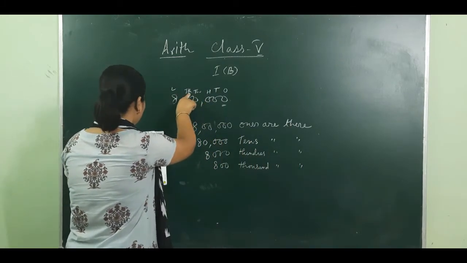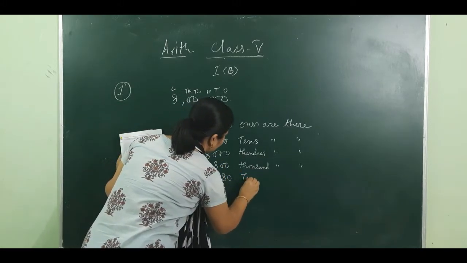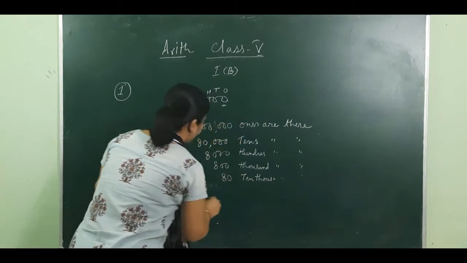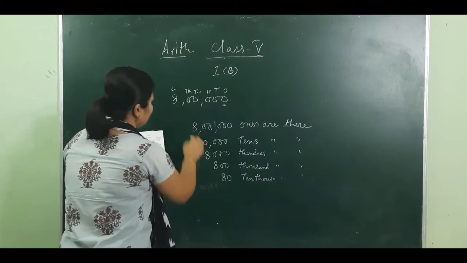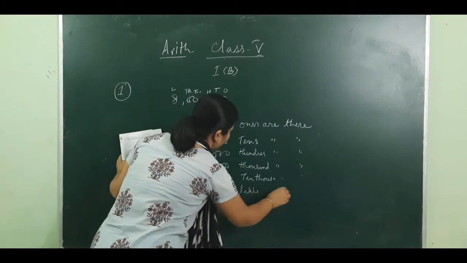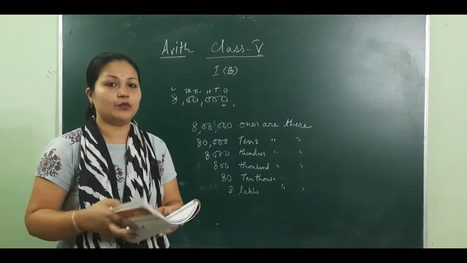Then how many 10,000s, then 80 10,000s are there. And how many lakhs are there at last? So you can say 8 lakhs are there in 8 lakh. Okay, that is question number 1.